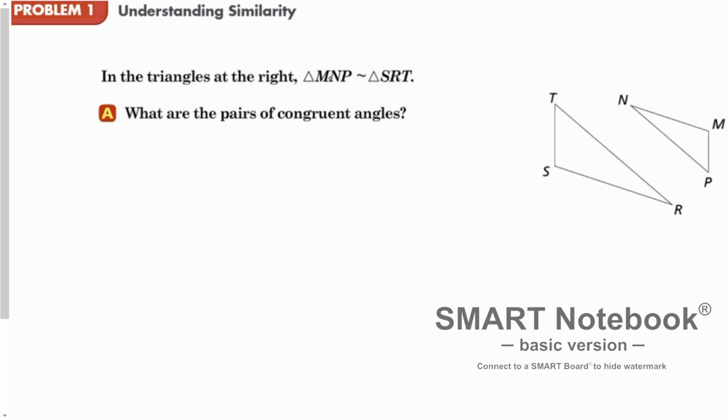So if these are similar, that means their angles are congruent. Okay, they have the same size angles. So M corresponds to S because they're in the same order. N corresponds to R because they're in the same middle spot. And then P and T correspond to each other because they're in the same spot.